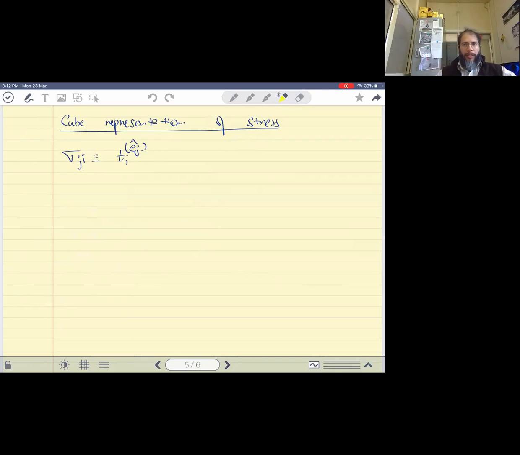So there's a very common representation of stress called the cube representation of stress. What we do is, it's simply a way to represent the different terms of the stress tensor sigma. So we draw the Cartesian coordinate axes, and then we draw a cube.